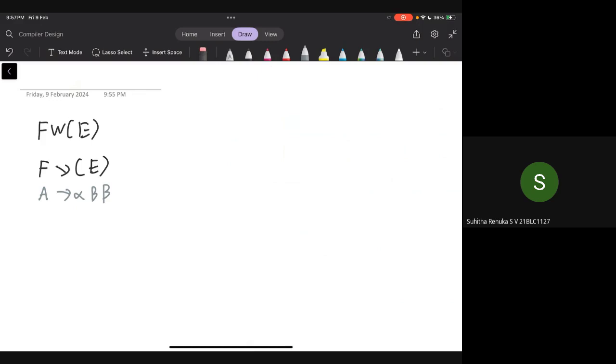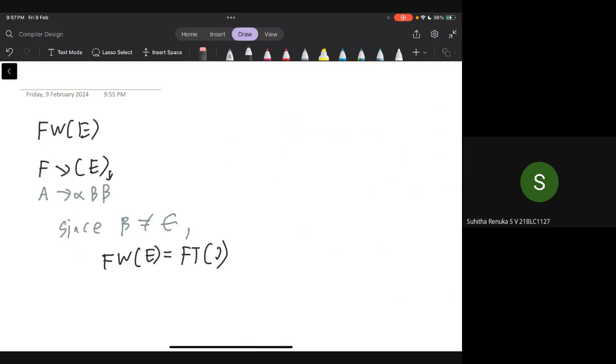Since beta is not equal to epsilon, for follow of E, because beta is equal to the closing bracket, follow of E is equal to first of closing bracket.